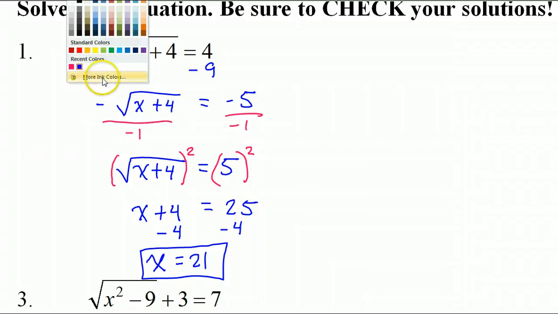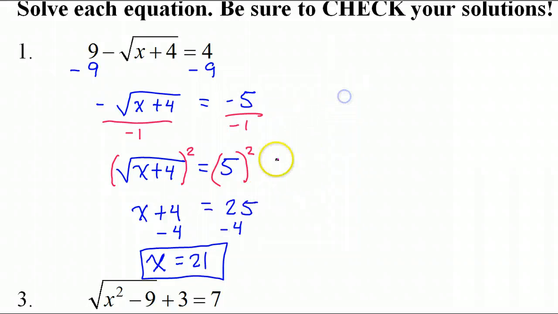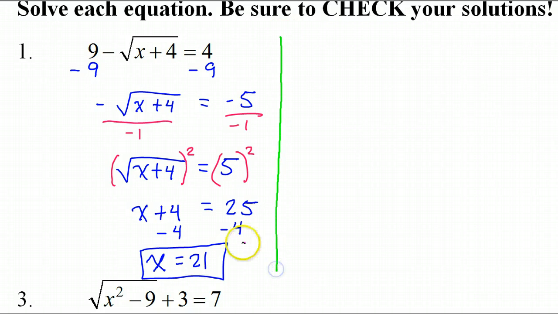And the reason is sometimes you could do every single thing right and still the answer that you found won't work. It's just part of the process. It has to do with the way you can't take the square root of a negative number, imaginary numbers, things like that. So, not optional, you must check your work.